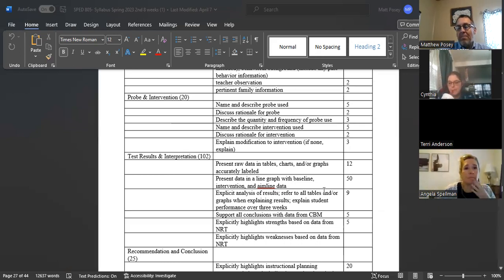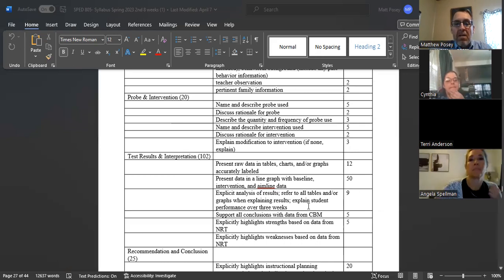And that one item, guys, I'll point out is 50 points of that assignment, just on that graph showing your aim line, intervention, and baseline. Then make sure you provide an analysis of the results, referring to all your tables or graphs, and explain the results, including the student performance from the first time you administered the probe up until the last time.